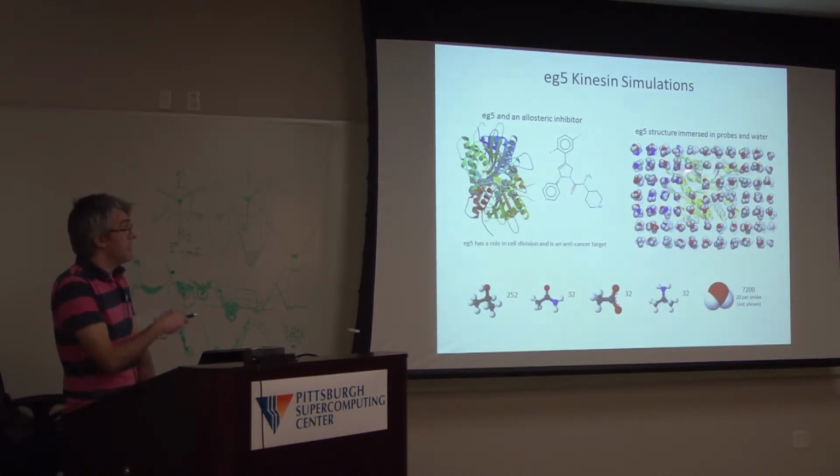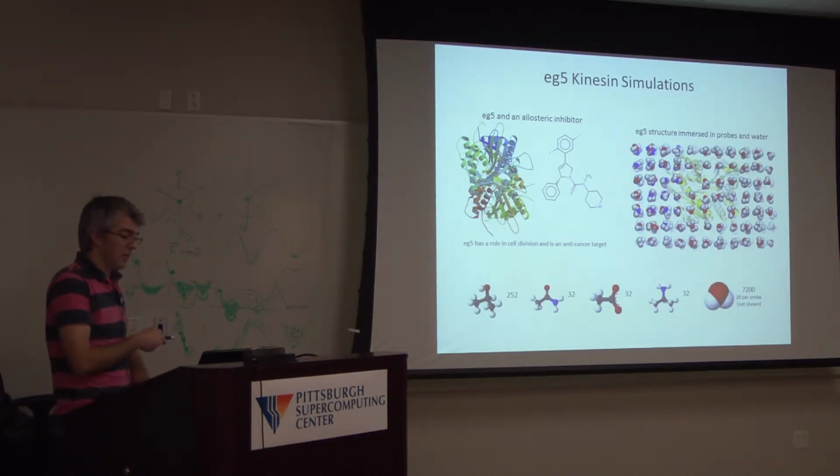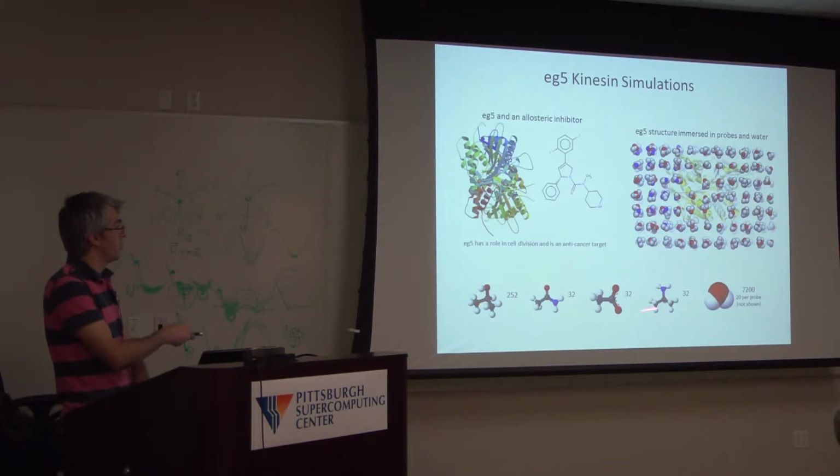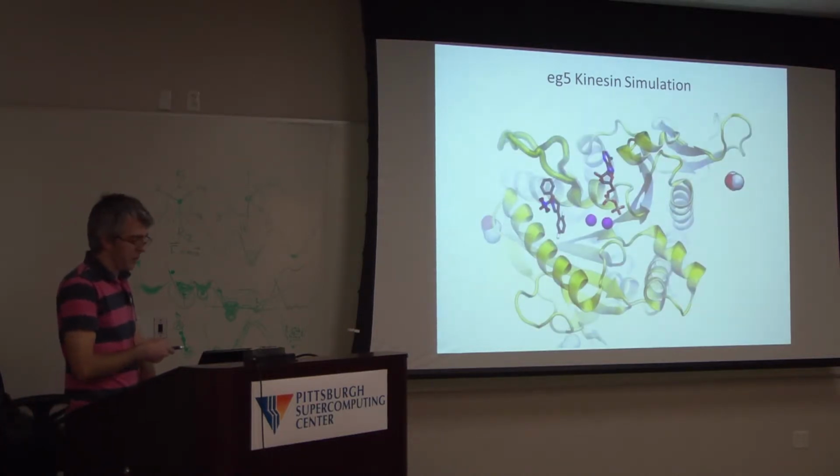What we want to see is where probe molecules go, where they bind favorably, and more favorably than water would bind. In this simulation box, we have 252 isopropanols, 32 of these, and 7,200 water molecules. Now I will show you this simulation and you'll see how it works.